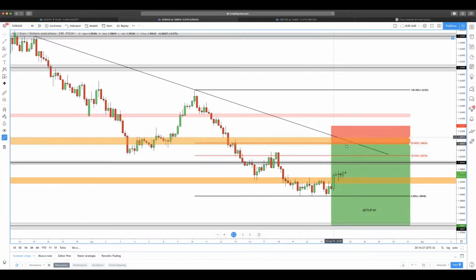But in this area, we have this bearish trend line, this slowdown area, and this Fibonacci retracement. For this reason, I prefer to look carefully, first of all, at the price action around this key level, 1.60. If the price closes a daily candle above this level, I will look carefully at the price action in the next days around this area, because if the price closes above it, this will be a strong bullish signal.